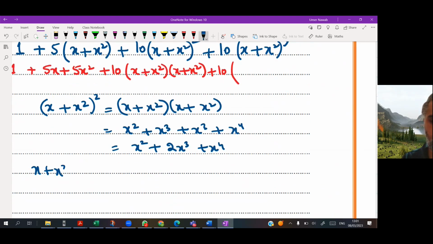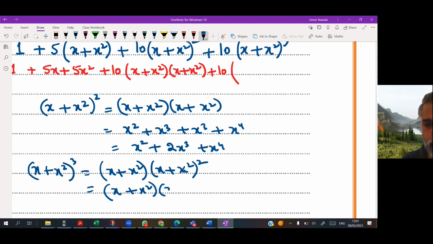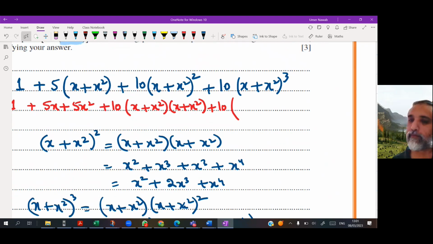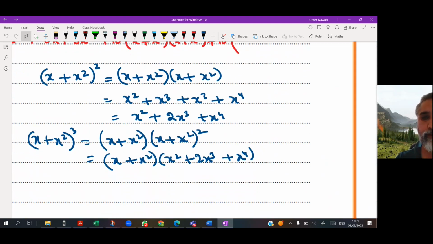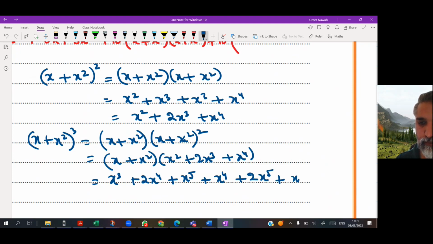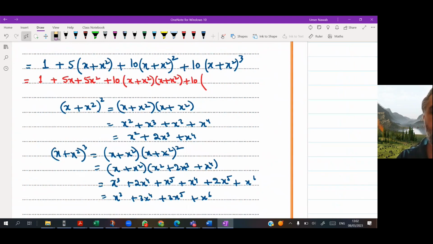Now I'm going to find x plus x squared whole cubed. May I write the expansions here?